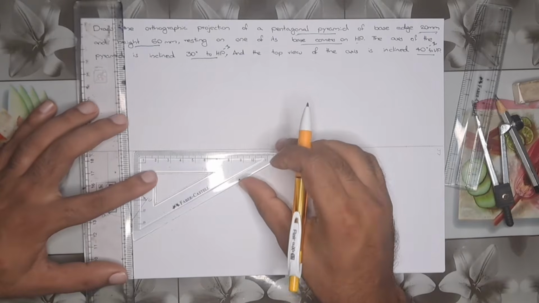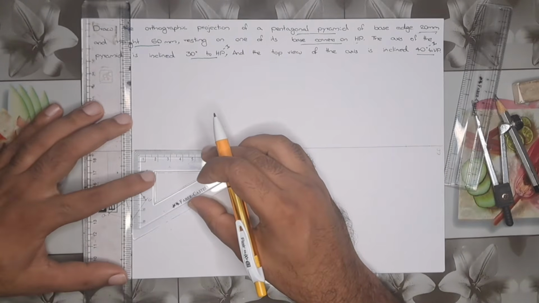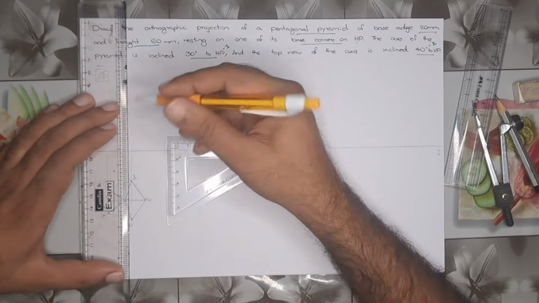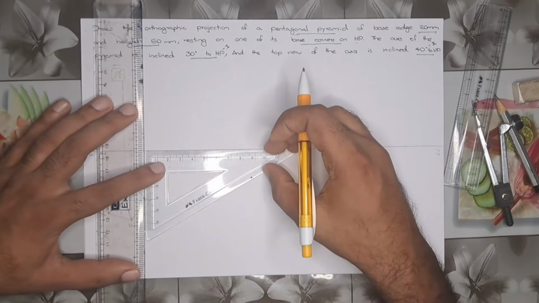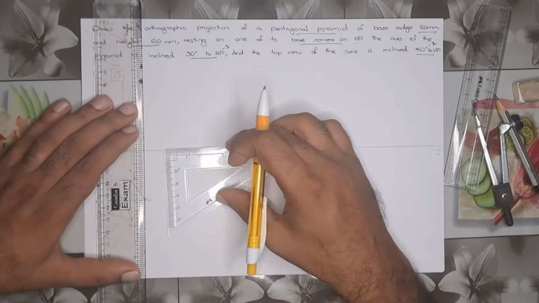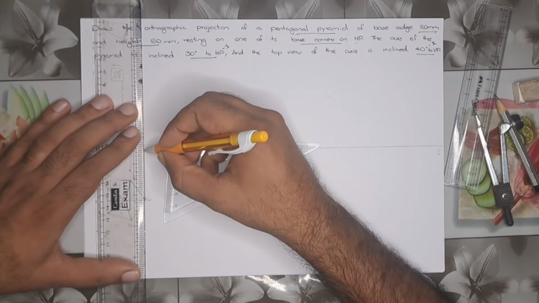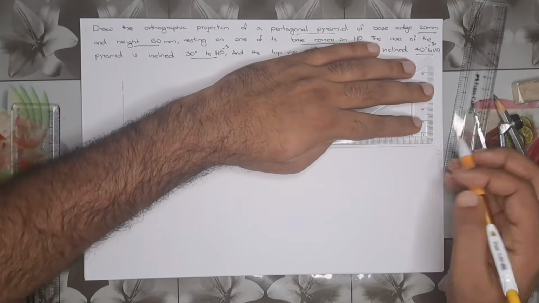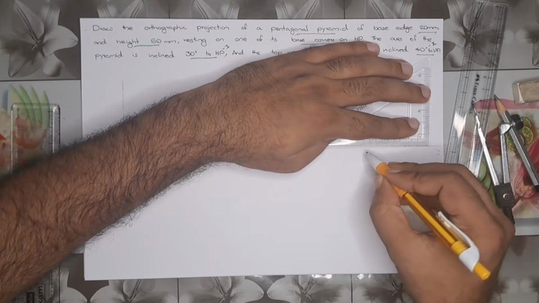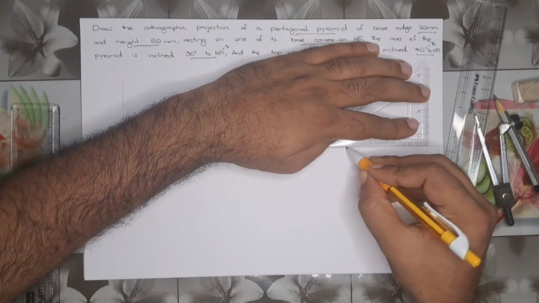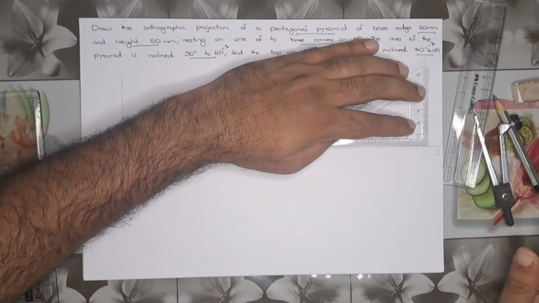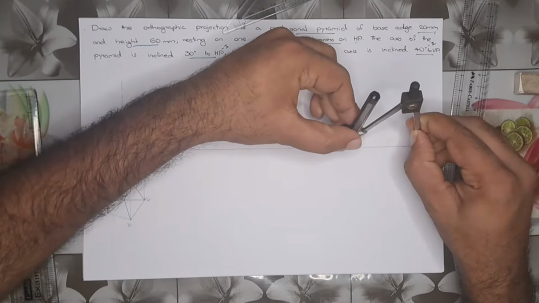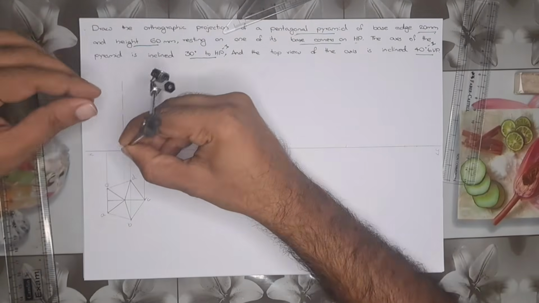And the next line, and the last line from the point C. Now we have to take the 6 centimeter and mark here.